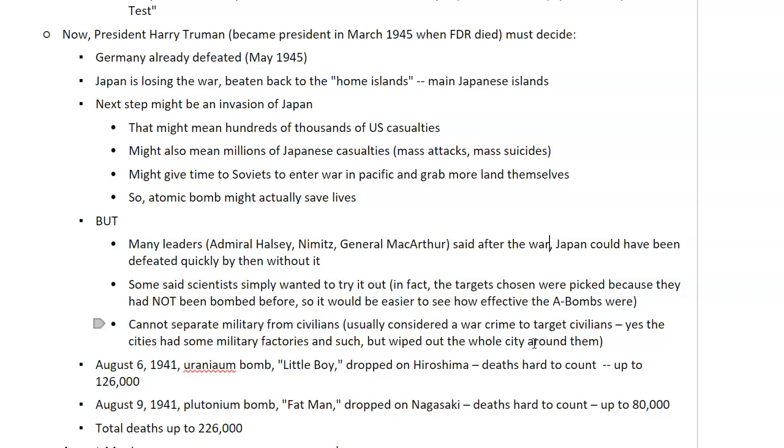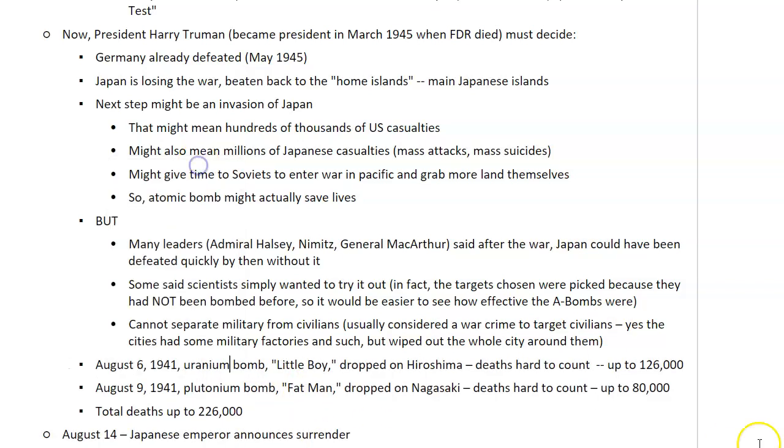Some people said that the scientists simply wanted to try it out. They had the bombs, they were itchy to see them work and see what they would do. It is a sad fact that the targets that were chosen for the first 2 atomic bombs, they were cities in Japan, Hiroshima and Nagasaki, and they were picked specifically because those cities had not been bombed before.